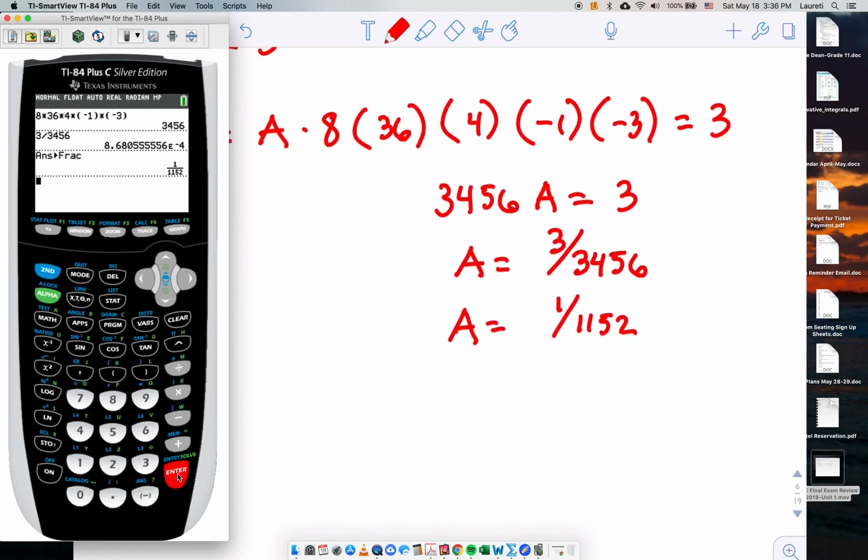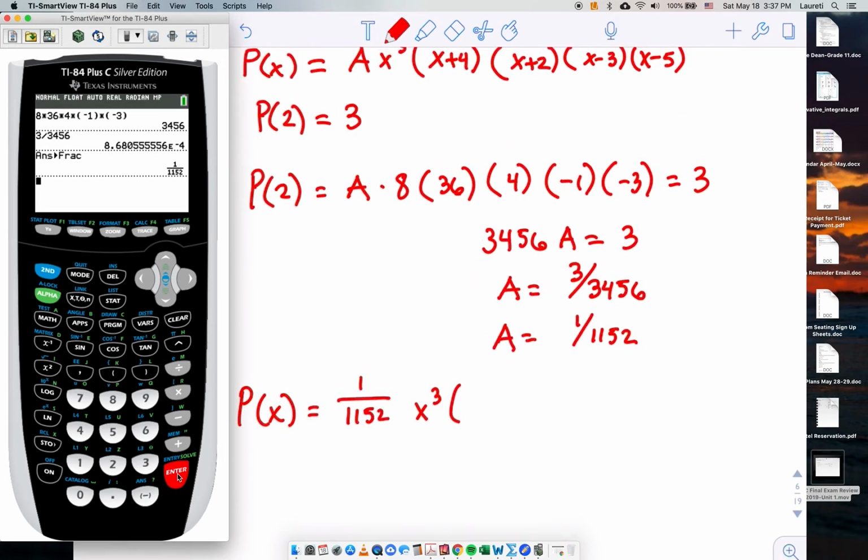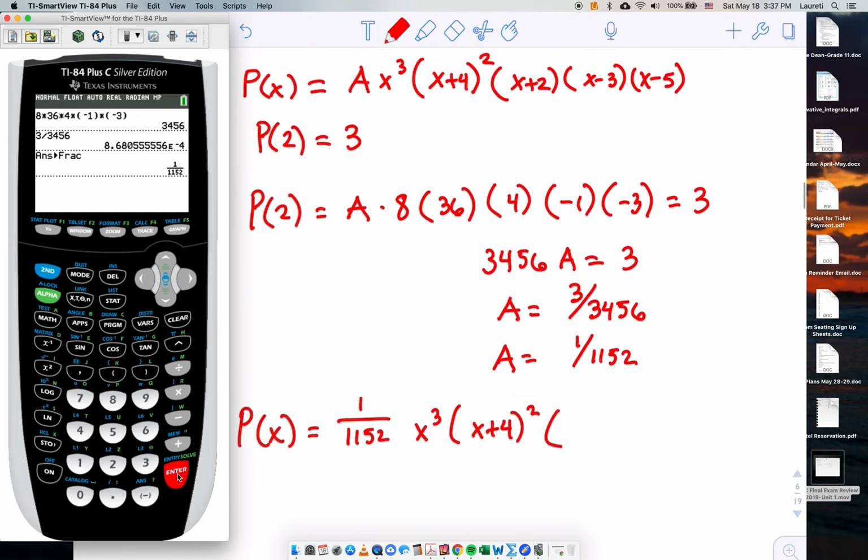Okay, so my answer, so p of x is 1 over 1,152 x cubed, x plus 4 squared, x plus 2, x minus 3, x minus 5.